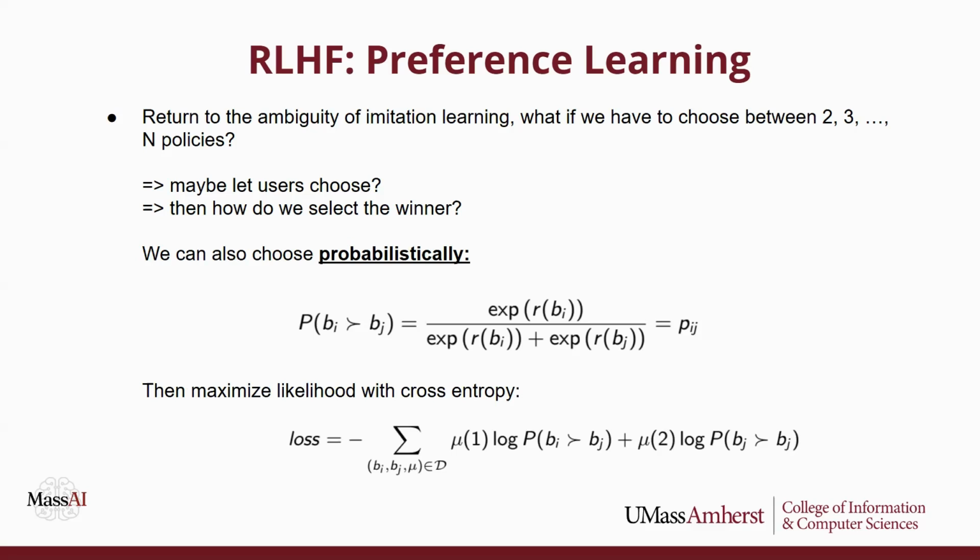We can take the logarithm of the probability plus the logarithm of the probability that j is larger than i, and then mu here is the score factor. So you just don't want to miss out on who is winning.